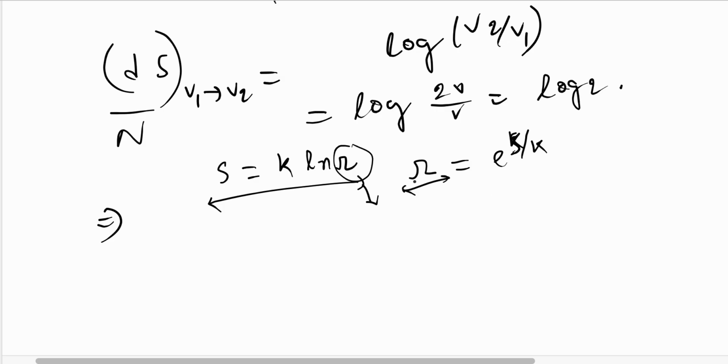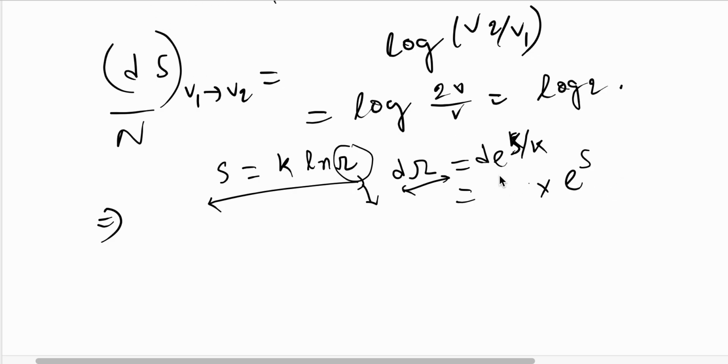So its entropy changes, and the microstates actually change. You can see from here that d omega will be something like ds into e to the power S by k, divided by k. Here k means the Boltzmann constant.